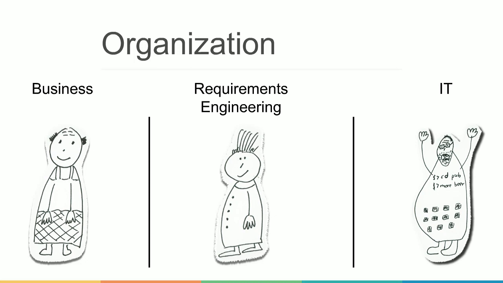The requirement engineers are translating those requirements to, let's say, some UML sketches, some formal IT specifications, or a formal model based on, let's say, a domain-specific language or something like that. And they are handing it over to the IT.